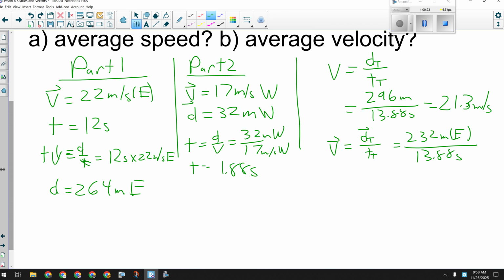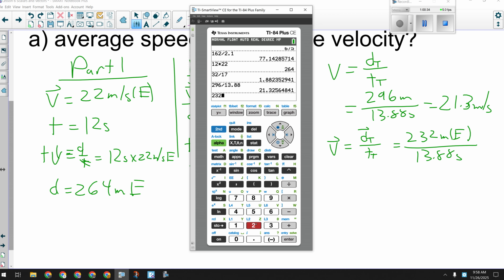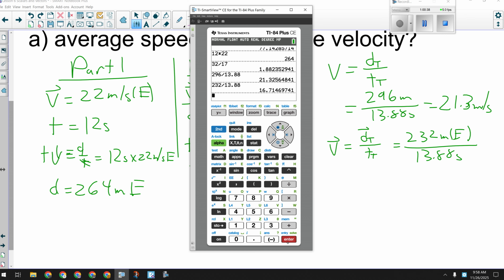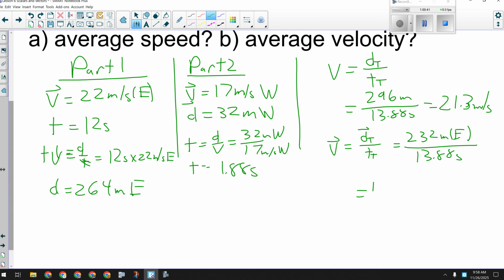All that's different is when direction matters, I've got to make sure that I put it in as east and west, and that this was a backtrack. So for this one, it's 232 divided by 13.88. So now my velocity is 16.7 meters per second. What do I need to put after that? East.